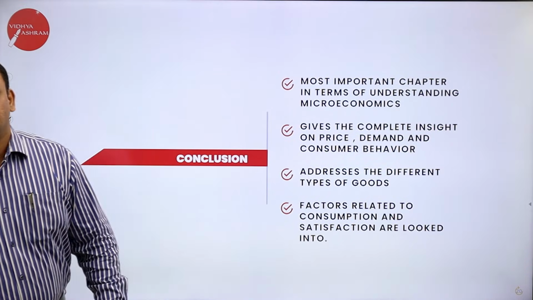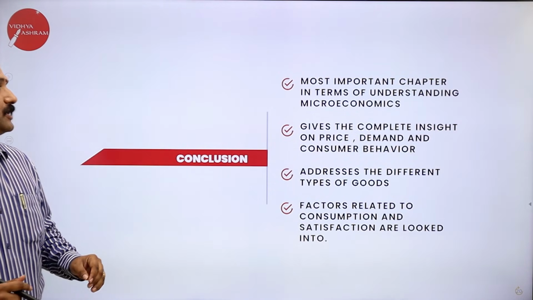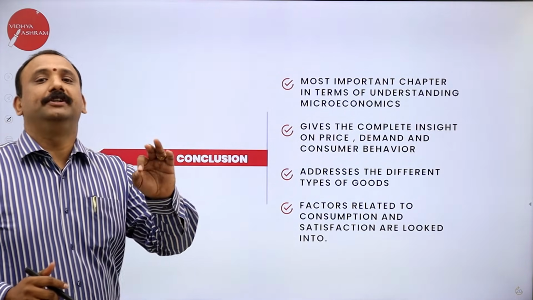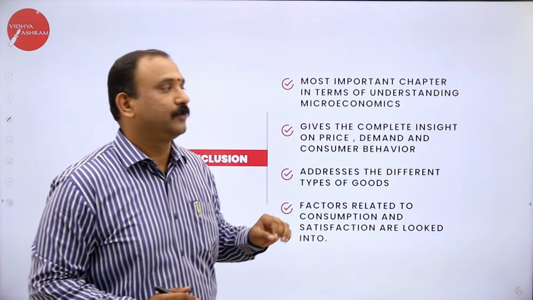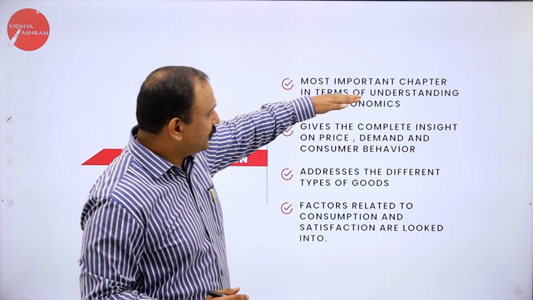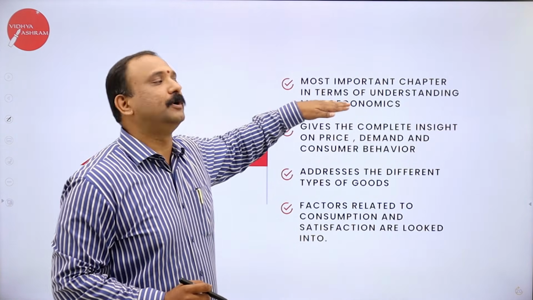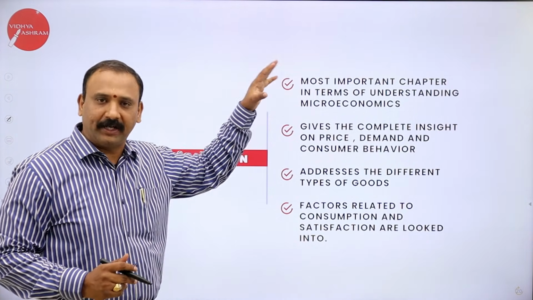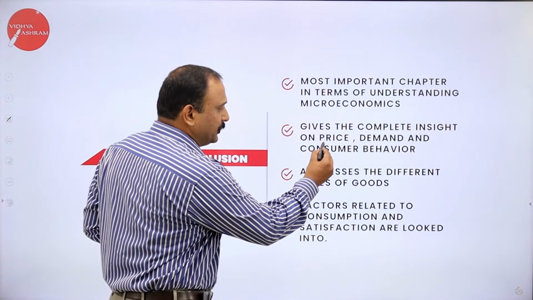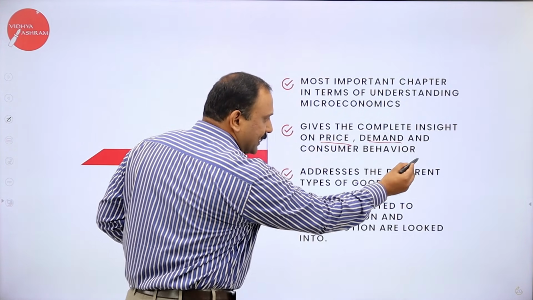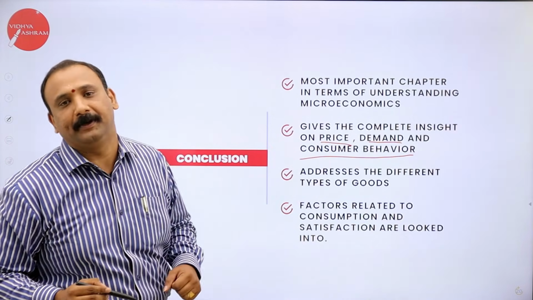Moving on. Coming on to the conclusion slide for today, we need to understand the four terms that are very important for this chapter. Point number one, we are trying to understand the consumer behavior in total, which is a very important concept in microeconomics, followed by these three words: price, demand, and consumer behavior.